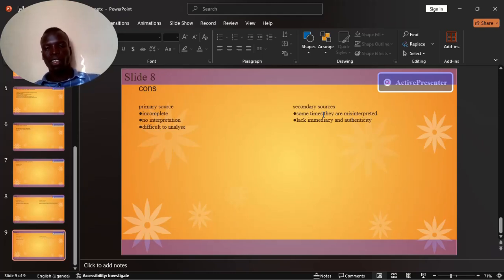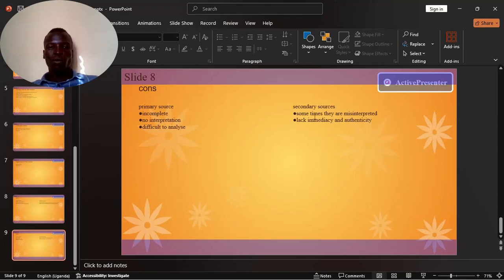They have been tampered with, interpreted and analyzed in different ways. This does not reveal the originality or show the true meaning of those sources. These have been written or made earlier on.